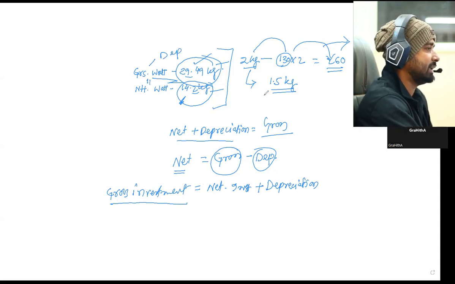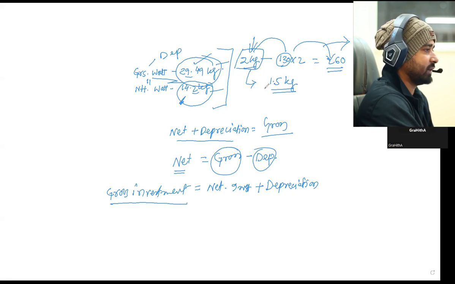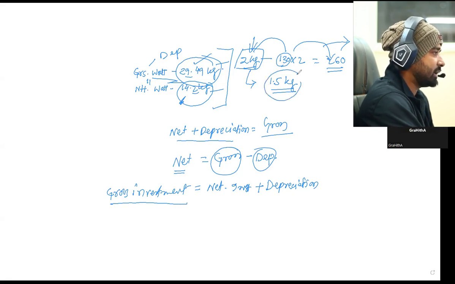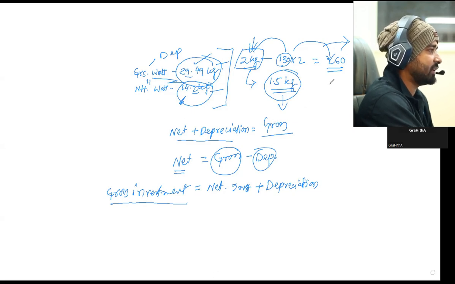Or else I can see here that the total 2 kg is the gross weight. But actually I can use 1.5 kg, that is the net weight. And the wastage, that is depreciation, was 0.5 kg.